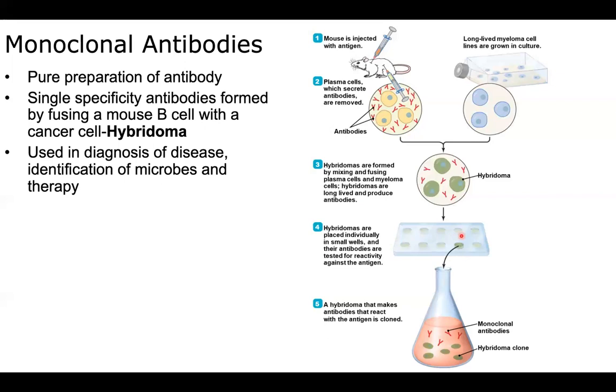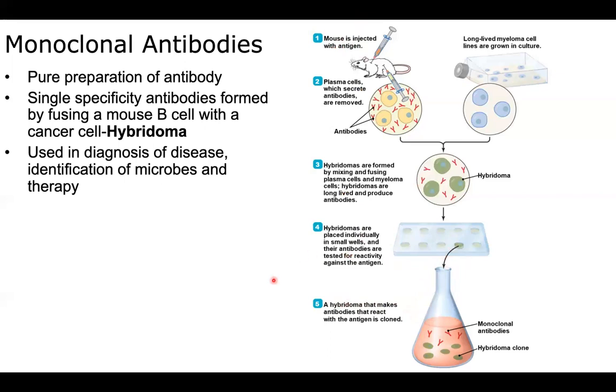And then they put them in these little wells, and then they test them for reactivity against the antigen that they were starting with. And then they collect the antibodies that are produced by this hybridoma. It's called that because it's a hybrid between two different cell types. And then they can isolate those antibodies and use them for various things.